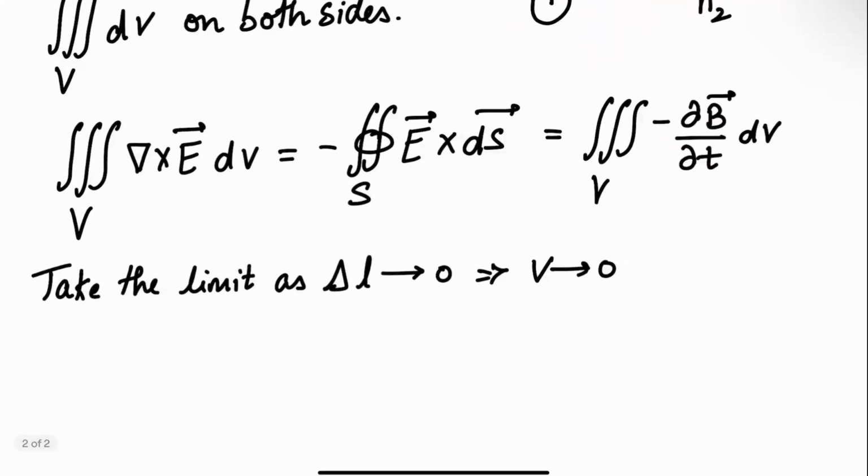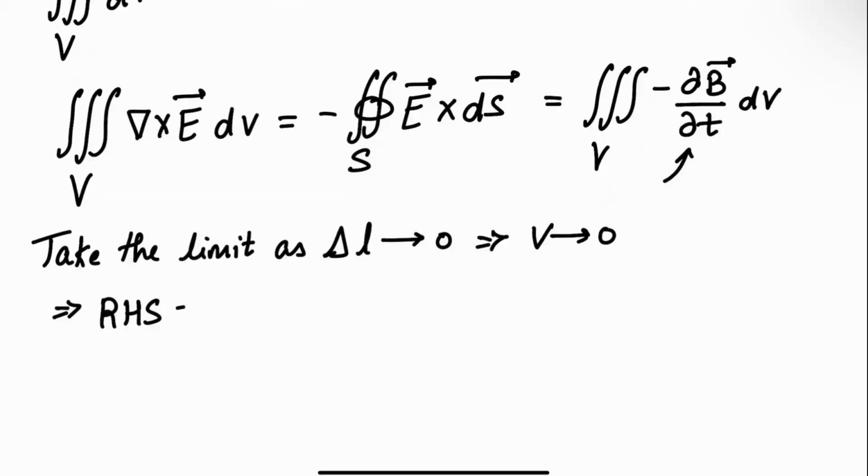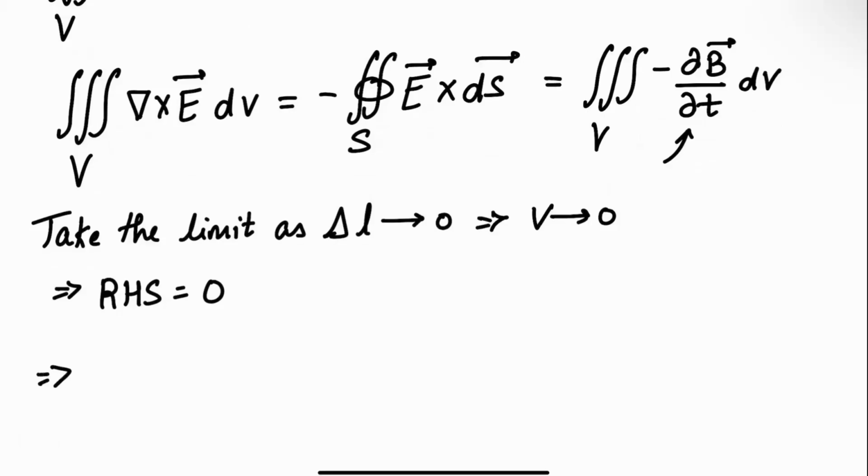So the right hand side basically goes to zero. Again, that's only because there are no singularities in this quantity. And we need to be a bit careful about that because we'll see in the next case that doesn't happen. So the right hand side goes to zero, which means that this surface integral of n cross E dS is zero.